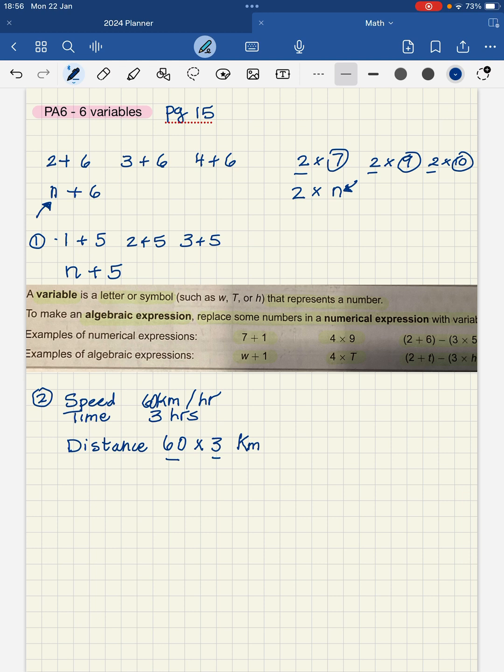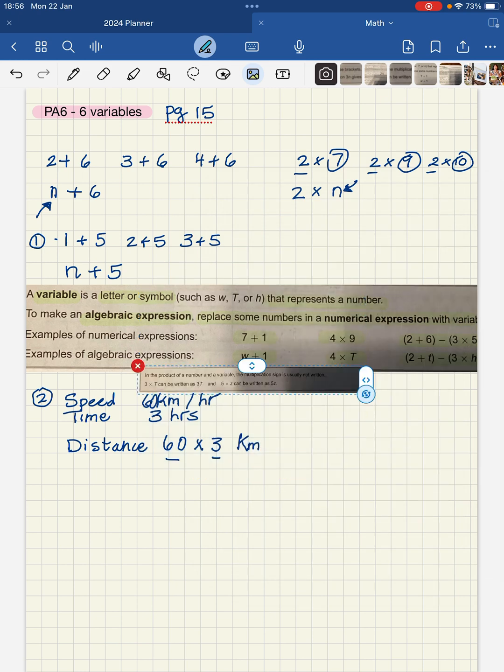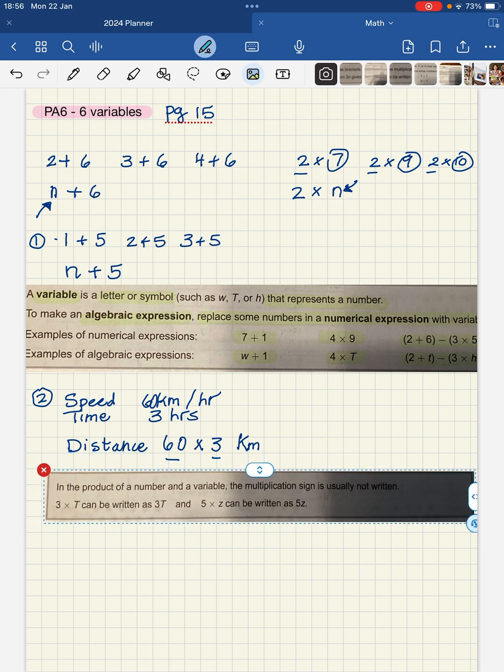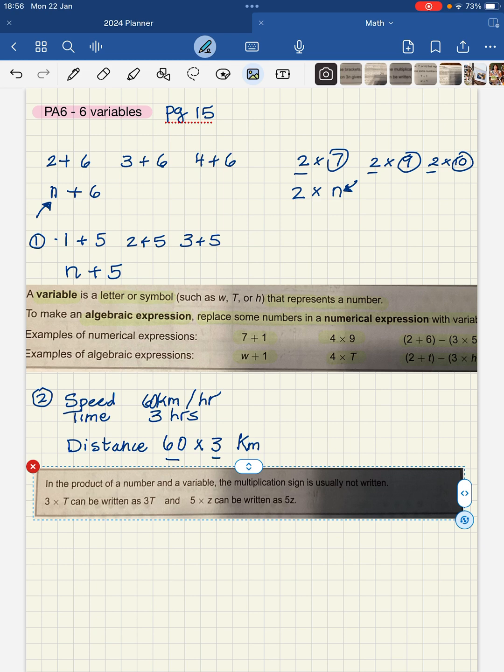Okay, so what's our next rule that we need to know? If we look at our next question, you've seen me write 2 times n. In algebra, we don't use the times symbol.